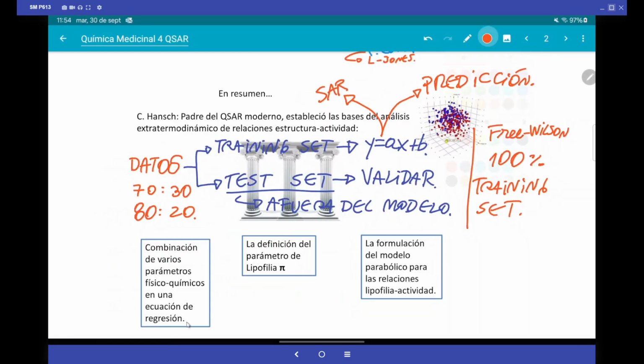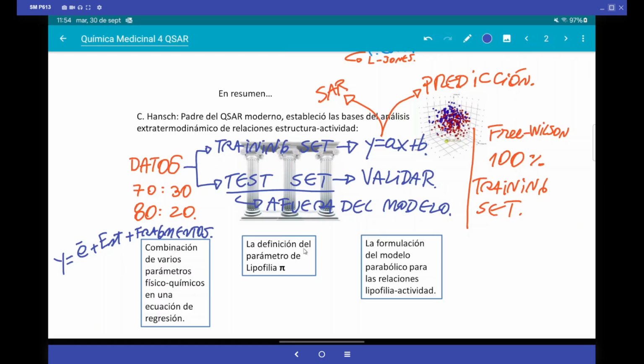The equations of the time of Hansch were generally electronic properties, steric properties, and also some different physical-chemical properties, such as fragment-type properties. You might say, but fragments were Free-Wilson. Yes, but they can be mixed. One can have the mixture of both concepts in the same equation. They are not exclusive.